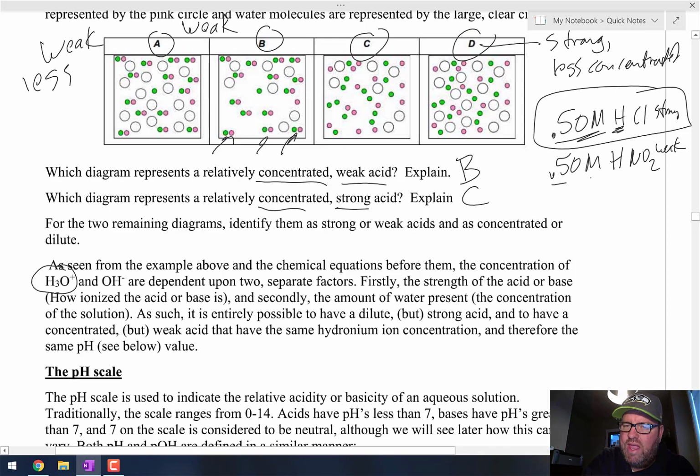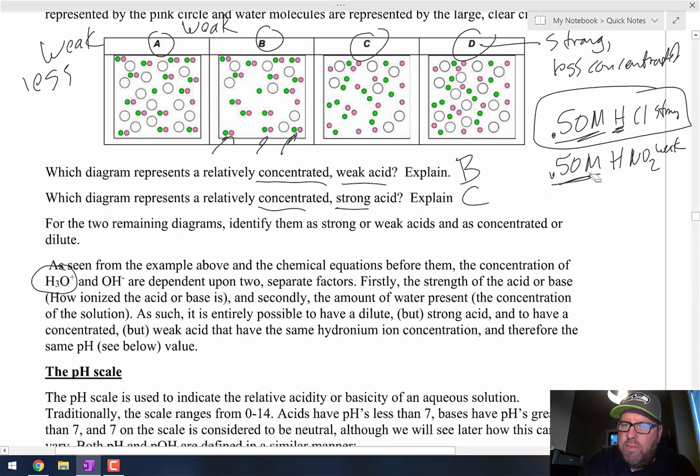Because this is a weak acid, we don't know right now what the concentration of hydrogen ions is in that solution. We don't know because we don't know the equilibrium constant. We don't know how much of that HNO2 is going to break apart into ions. Okay, and we're going to get to that in a future video. Don't worry about that. But we can't predict just based on this how many hydrogen ions there are.